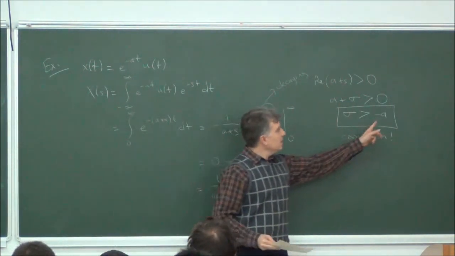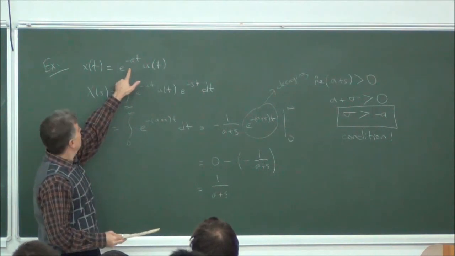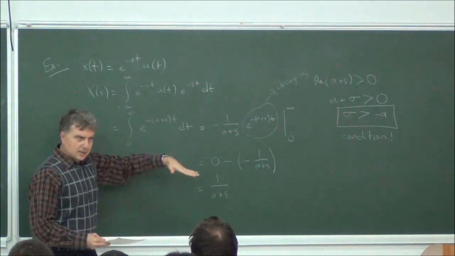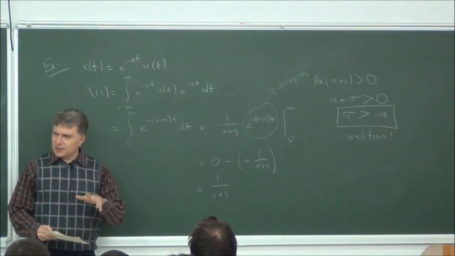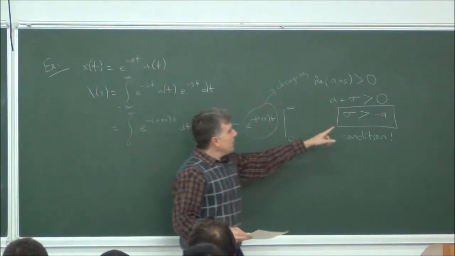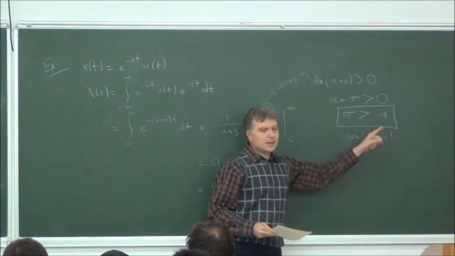If a is a positive number, then this already decays. E to the minus at will be a decaying exponential. Then the Fourier transform exists, right? If a is a positive number, then minus a will be a negative number. So sigma is greater than a negative number.